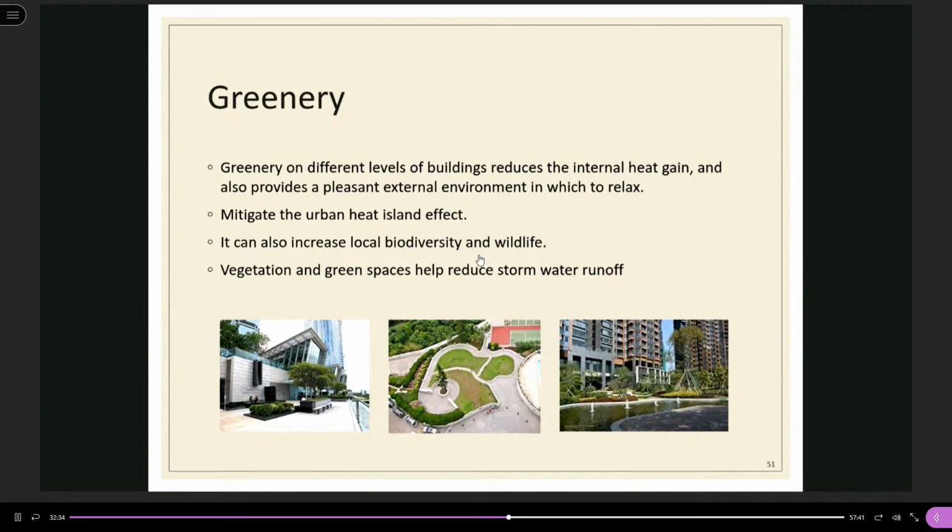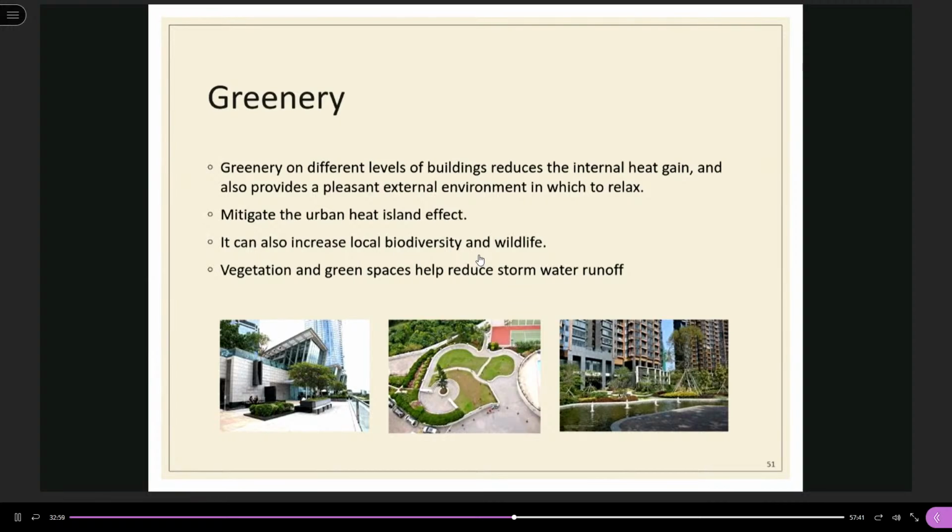By incorporating more greenery into the cities, more trees, more plants, we can reduce the air temperature, because the trees will absorb the light, absorb the heat, and when the water evaporates from the leaves, it can also carry away the heat.